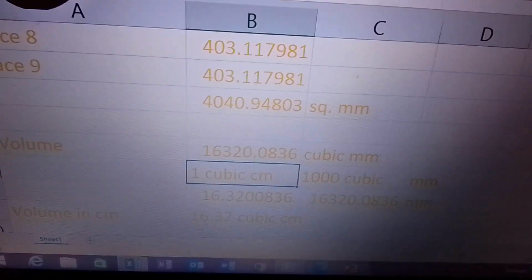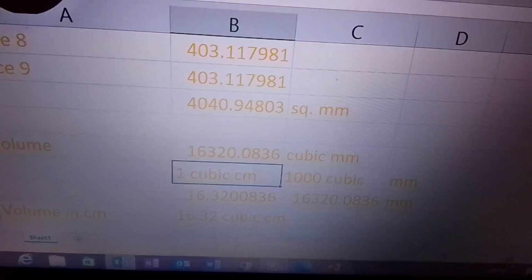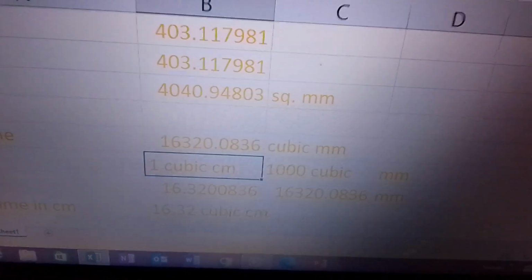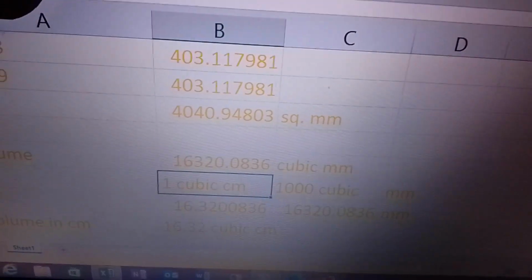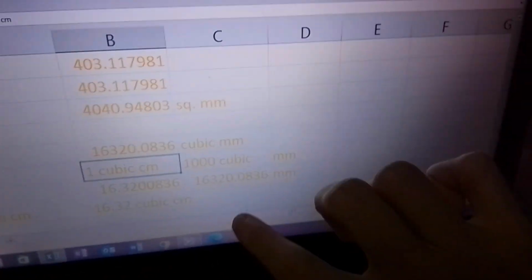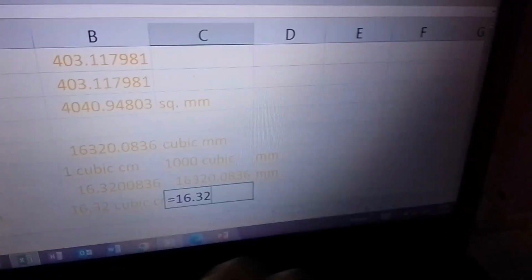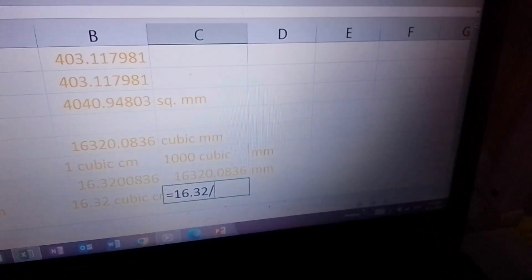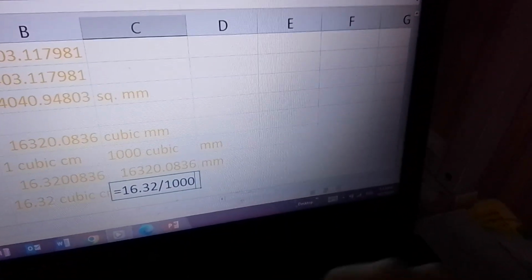So therefore, the volume is 16.32 cubic cm or 16.32 milliliters. If you want to convert that to liters, you can simply move the decimal point 3 places to the left. So 16.32 divided by 1,000, and we should have 0.01632 liters.